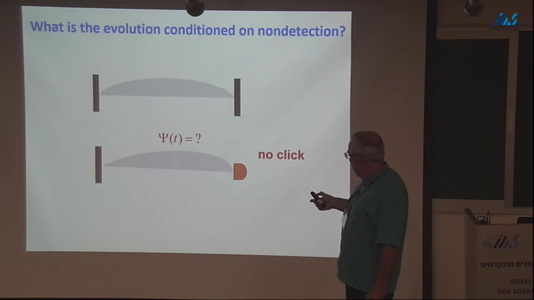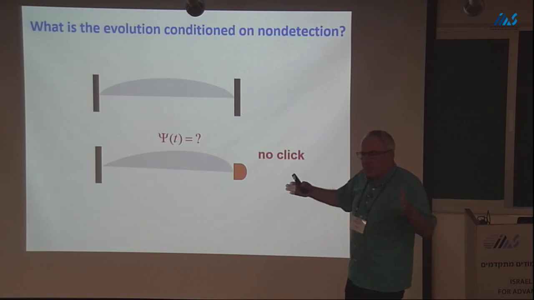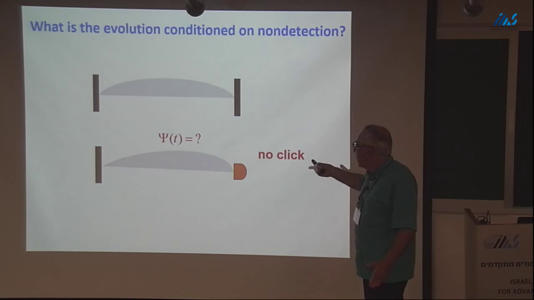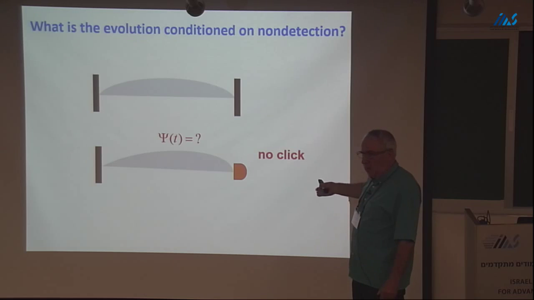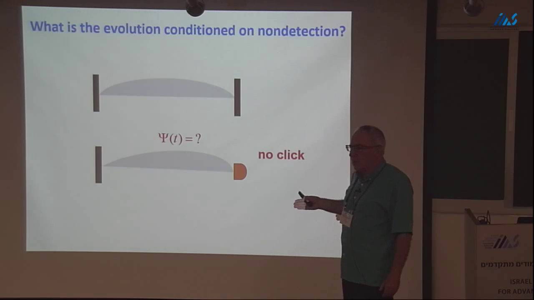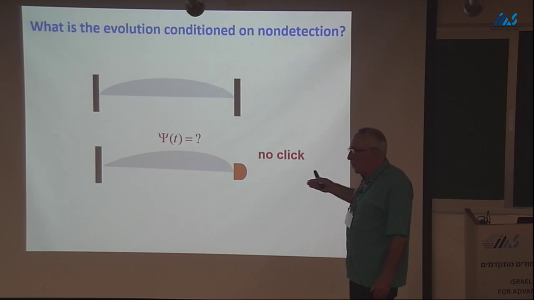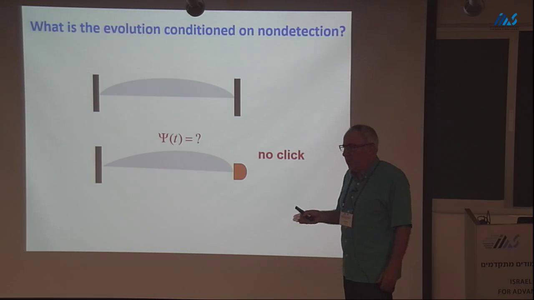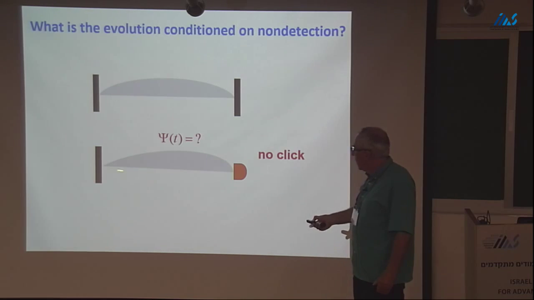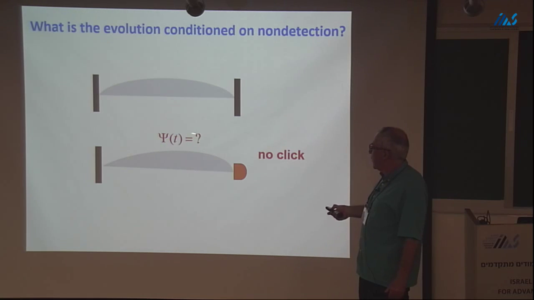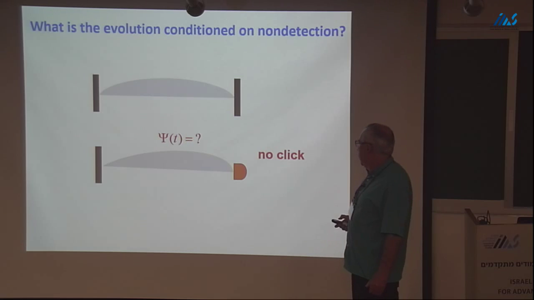For example, we can consider a cavity, and a ground state wave function in the cavity, and then we can consider a different cavity where on one side there is a detector, and we consider a situation where the detector does not click. It looks a little similar, but it's not. So this is not unitary evolution, and one can calculate and see what's going on inside.